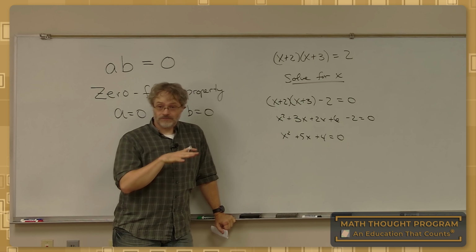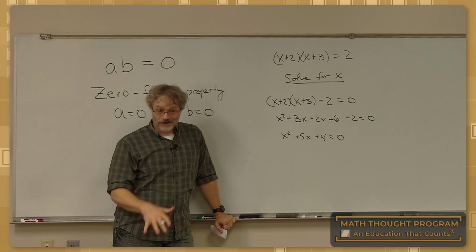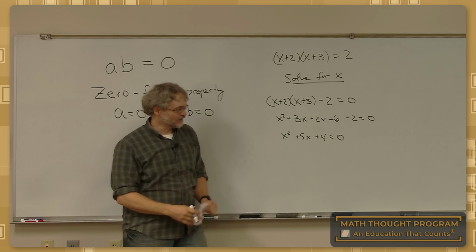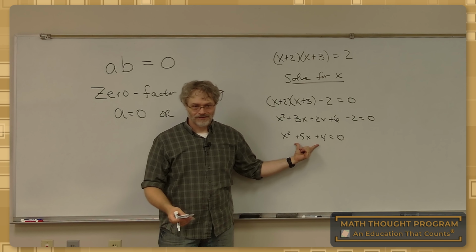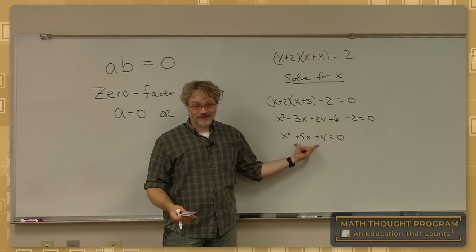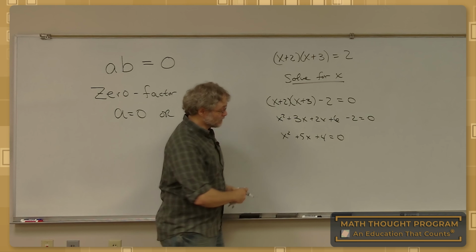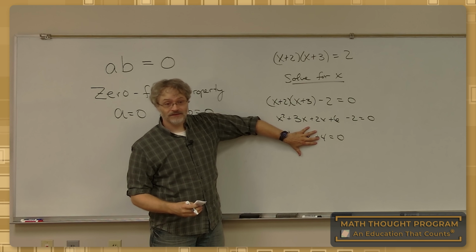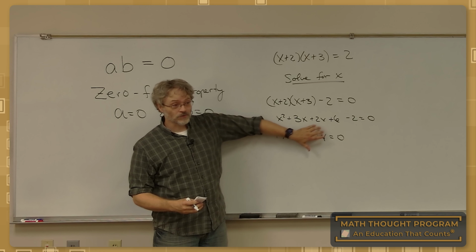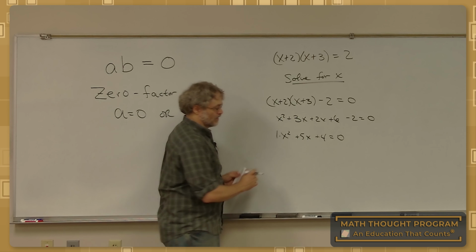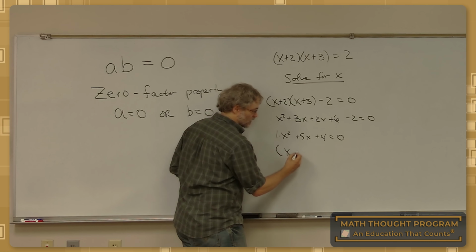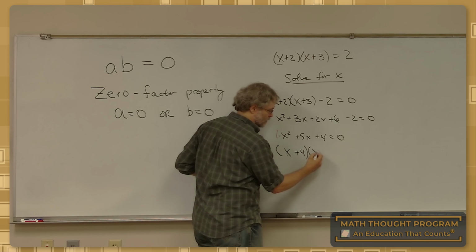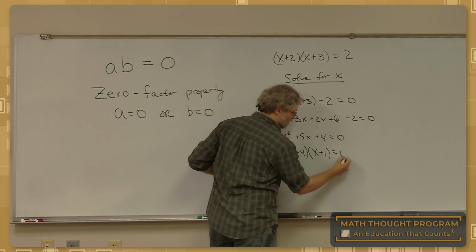I got a trinomial, quadratic trinomial, fancy way of saying it, just a polynomial I want to factor. Luckily, there is a 1 from the x squared. So all I'm going to do is focus my attention at the end and see what factors of 4 sum to 5. And I see that this is going to correspond to an x plus 4, x plus 1.